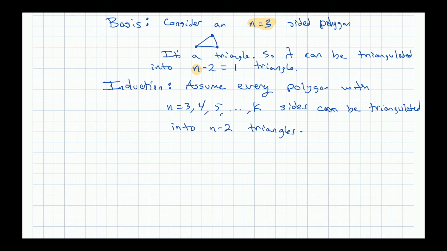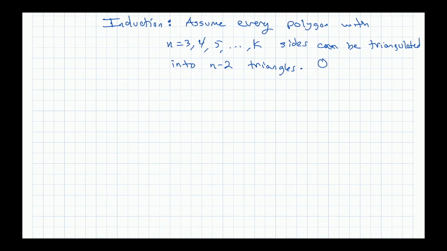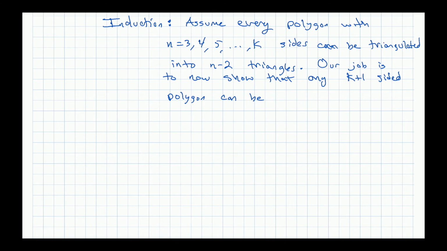Now, what do we need to show? What we need to show is that we can find a triangulation for a k plus 1-sided polygon.